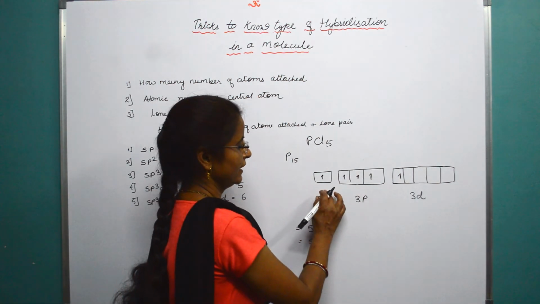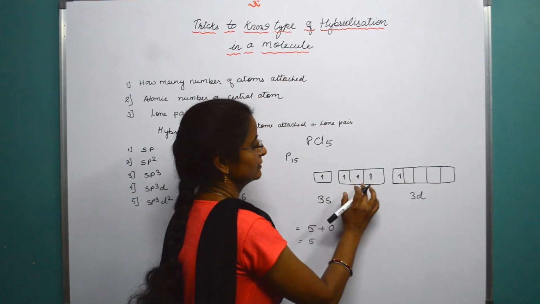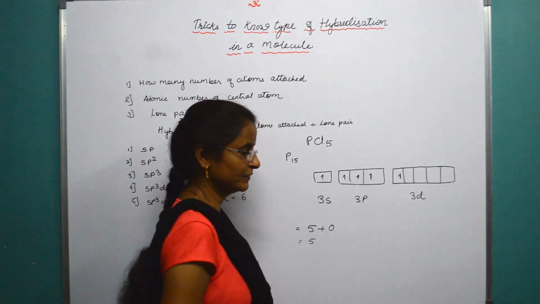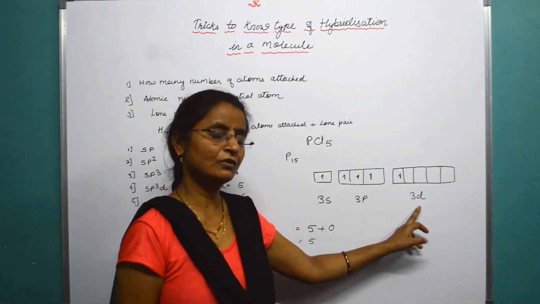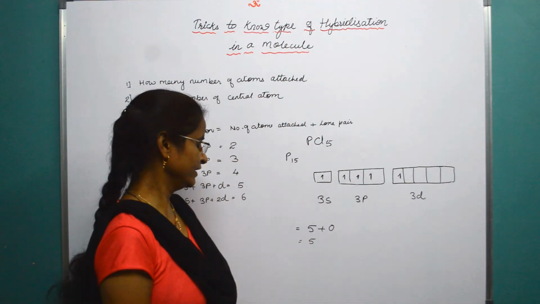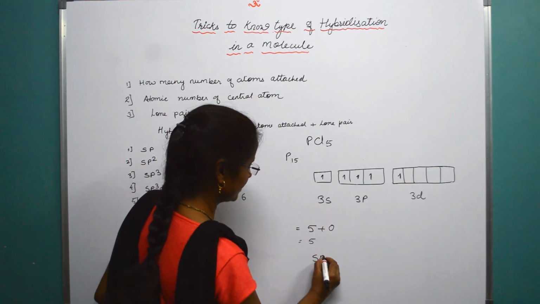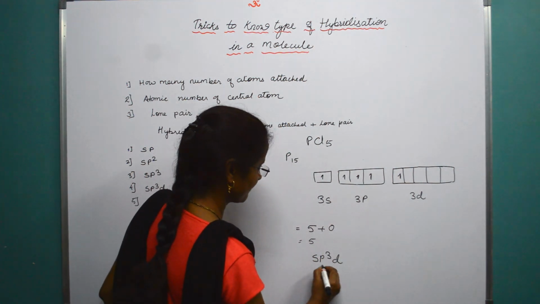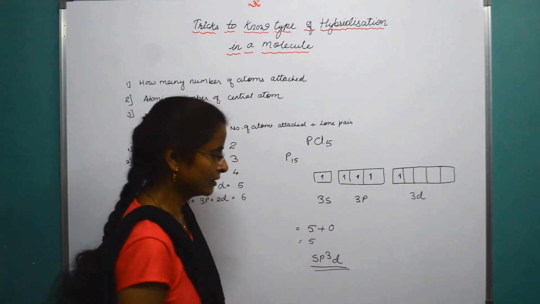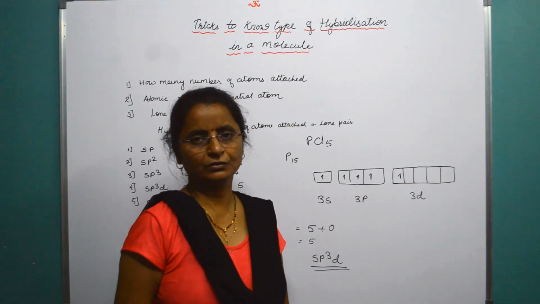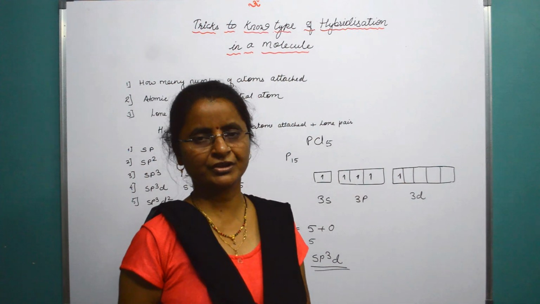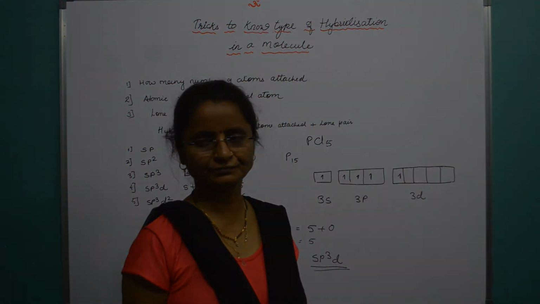Here 1s, 3p and one 3d orbital are available, so the type of hybridization is sp3d. So this is how you can know the type of hybridization in a molecule.